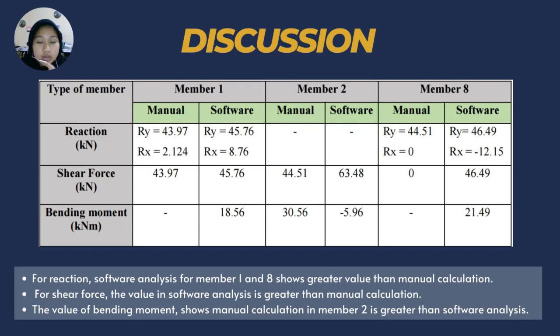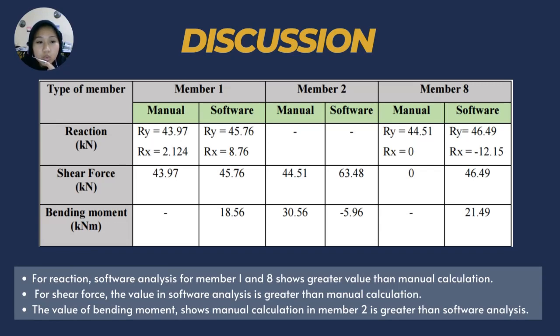Alright, now we move to the discussion. In this discussion, I will compare the results of the manual calculation and the software calculation. So first, as you can see in this slide, for the reaction, the software analysis for members 1 and 8 shows a greater value than the manual calculation.